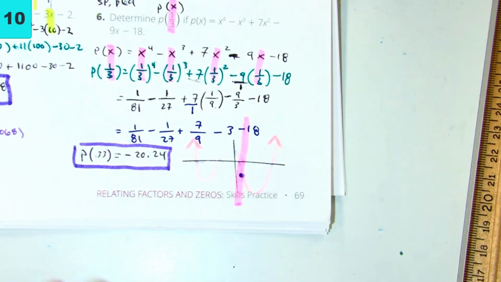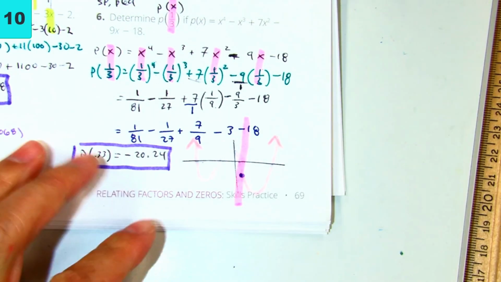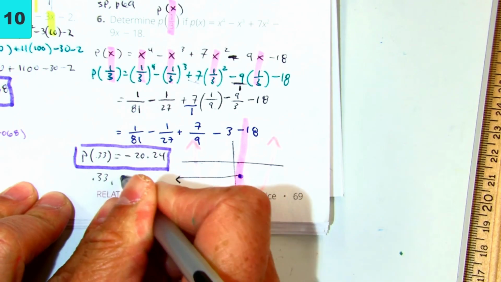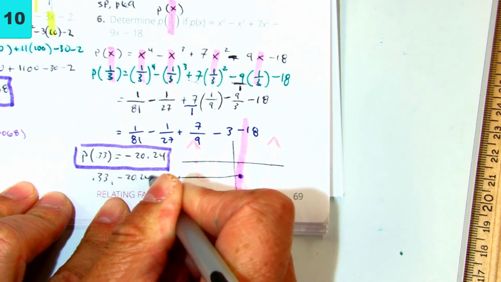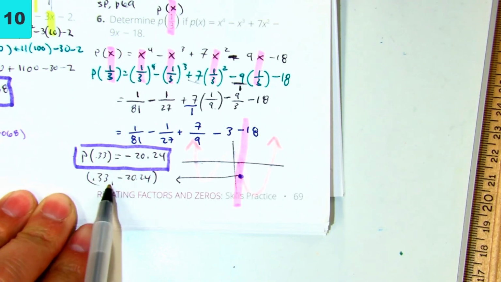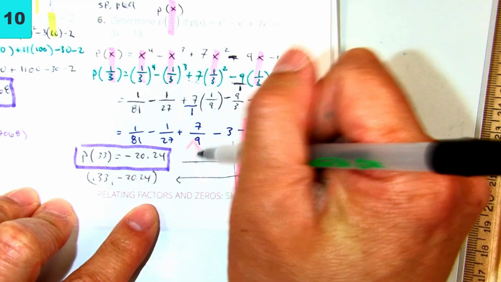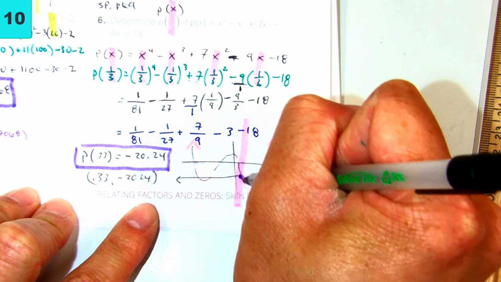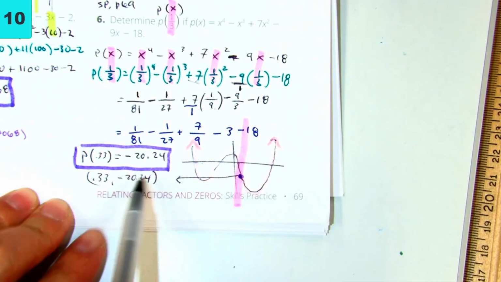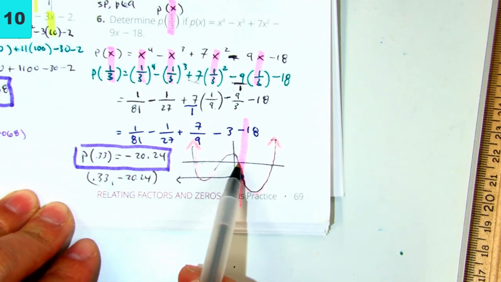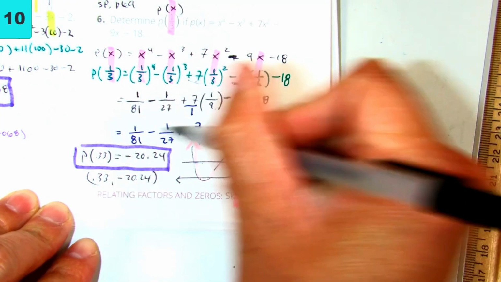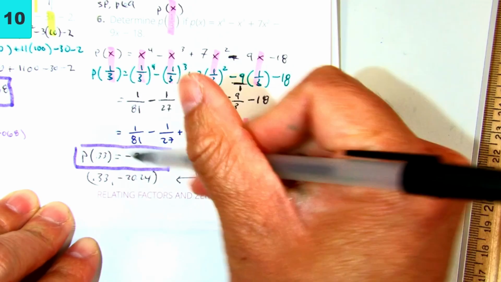So this represents the ordered pair 0.33, comma, negative 20.24. That's what this function notation represents. It's an ordered pair, and there it is on our graph. Today's lesson, we're going to see if this is actually going to hit exactly on the x-axis. So that pink line is just to help you focus where the graph intersects at 0.33.